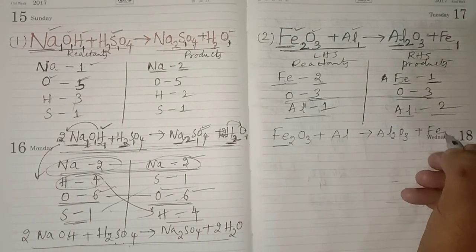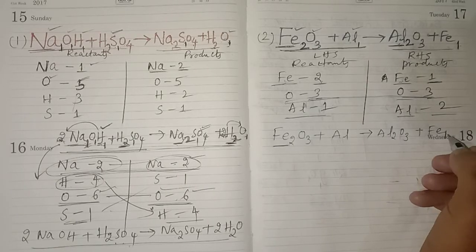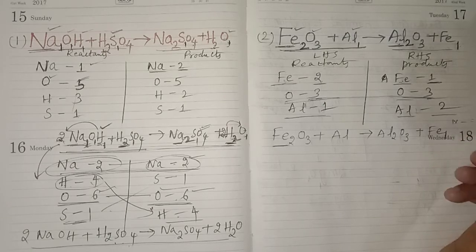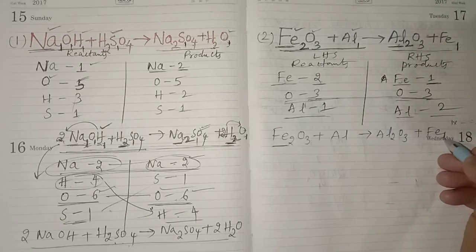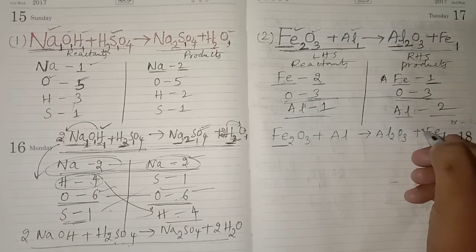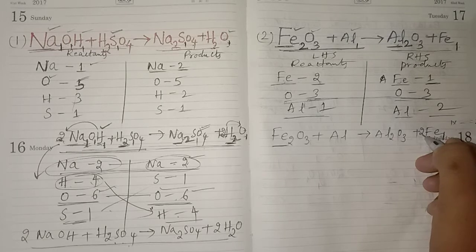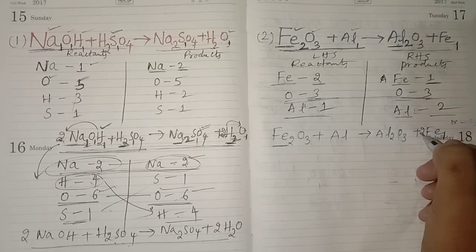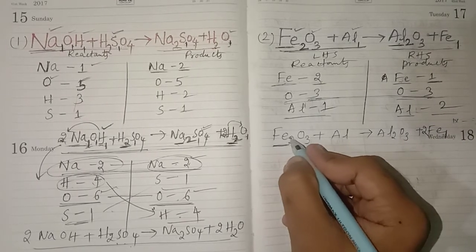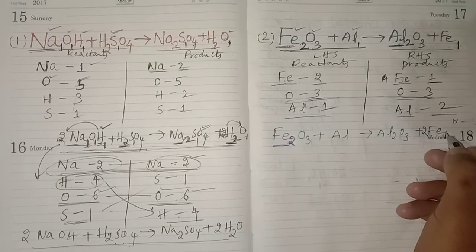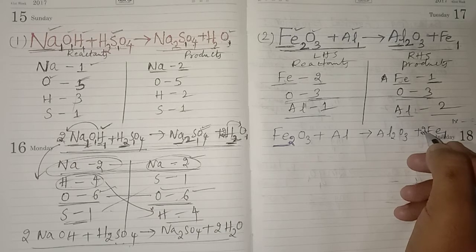If there is no value, it means we have considered 1. 1 into a value equal to 2, what value do you multiply 1 by to get 2? 1 into 2 gives 2. So Fe, iron atoms, how many are there? 2. So we have converted this 1 into 2 by writing 2 as the coefficient.